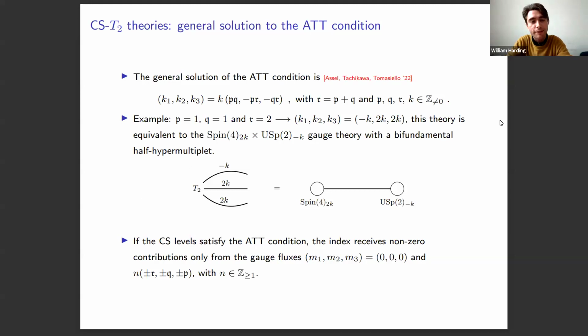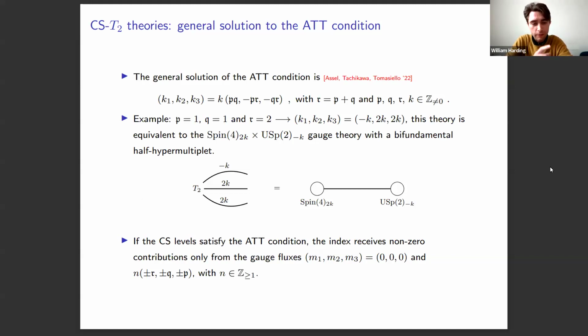And for example, if we take p equal to 1, q equal to 1, and r equal to 2, then the Chern-Simons levels are simply -k, 2k, and -k. And this theory is equivalent to the Spin(4) level 2k times USp(2) level -k gauge theory with a bifundamental hypermultiplet.